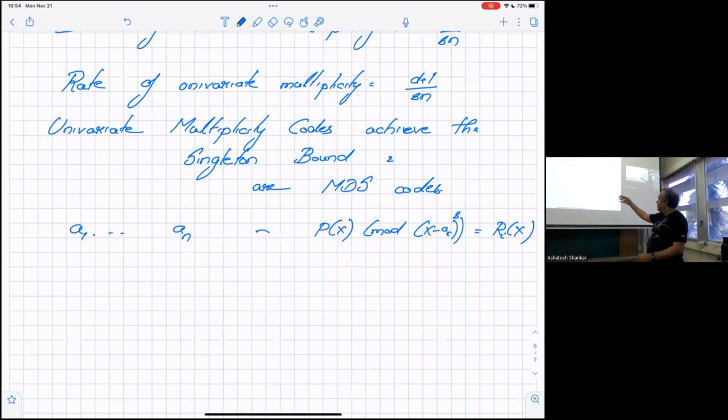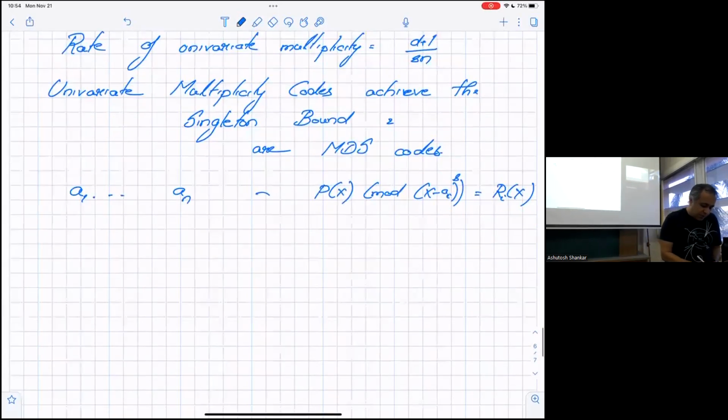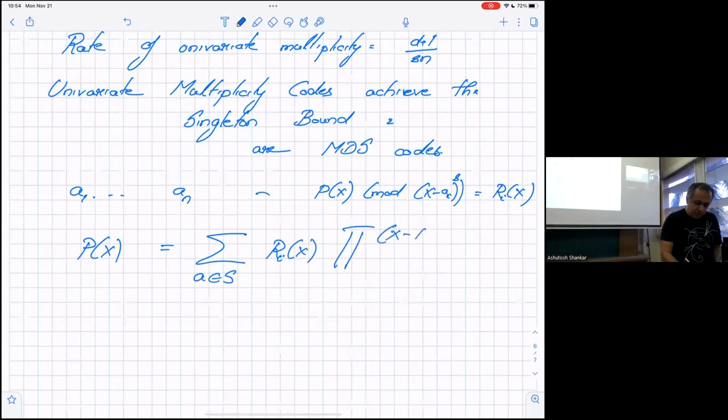So suppose I just gave you the information, the Ris. From P you can create the Ris, and I want to say that from the Ris you can recover P. What will that be? P of x will have to be this object: the summation over a in S of Ri of x mod (x minus b) to the power s, times the product over b not equal to a in S of (x minus a) by (a minus b) to the power s.